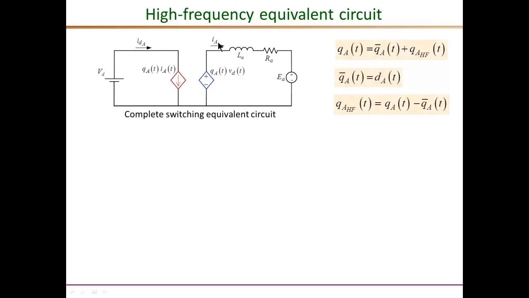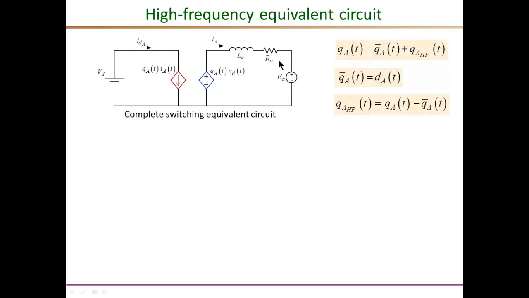So this represents the actual complete switching level model of the single pole based power converter. This is actually a transformer model, but the turns ratio is not the duty ratio, but rather it is the instantaneous Q, the switching signal.